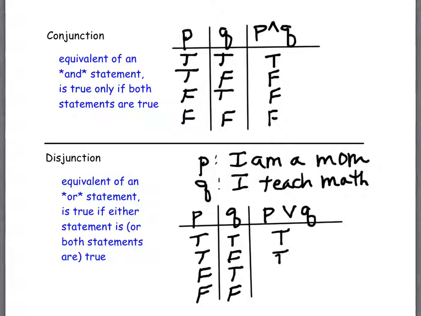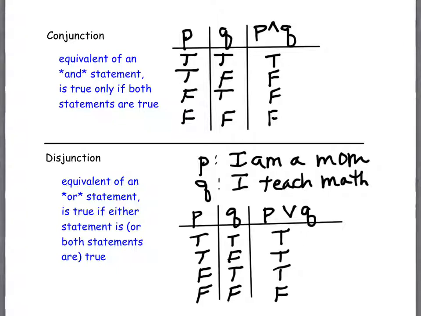That's a true statement. Dr. Auk walks in and says, I'm a mom or I teach math. True, yes. And for those of you who don't know him, he does teach math. He is in our department. So, yes, he taught contemporary math. Last one, Dr. Ferris walks in and he says, I'm a mom or I teach math. Still false, right? Because neither of those individual statements are true.